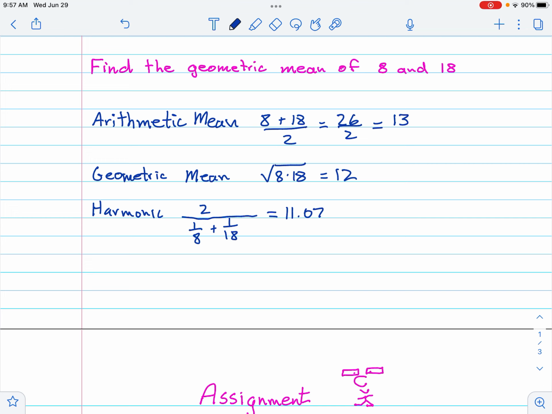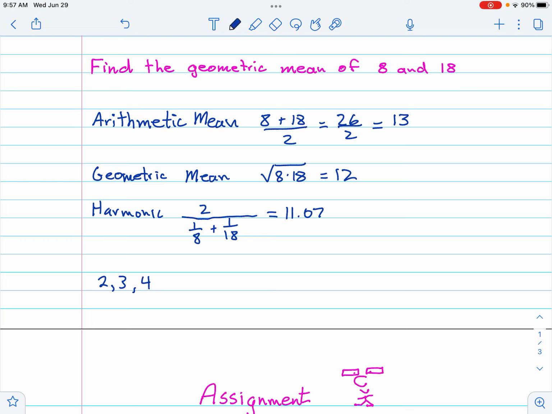So let's suppose we want to find the geometric mean of 2, 3, and 4.